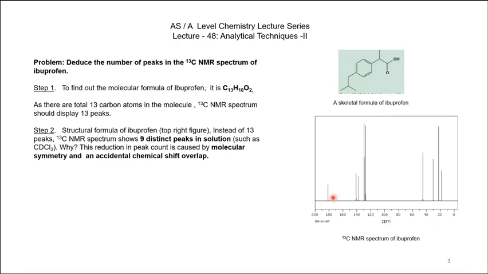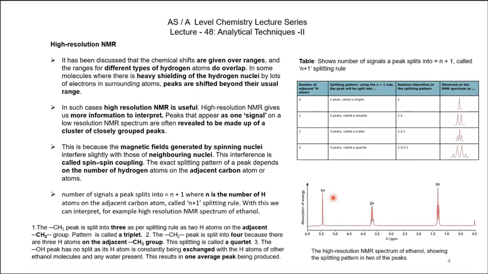Here we are talking about high resolution NMR. Why do we have to go for high resolution NMR? Because the chemical shifts are given over a range, and the ranges for different types of hydrogen atoms do overlap.